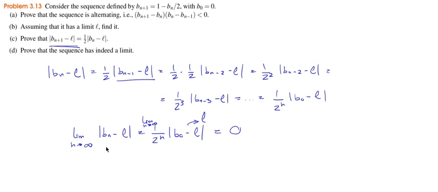So the limit when n goes to infinity of the absolute value of b sub n minus L is 0. So we can write this like this: the limit when n goes to infinity of b sub n is L. That's what this means, and that's the end of the problem.